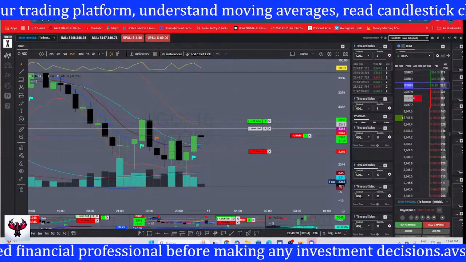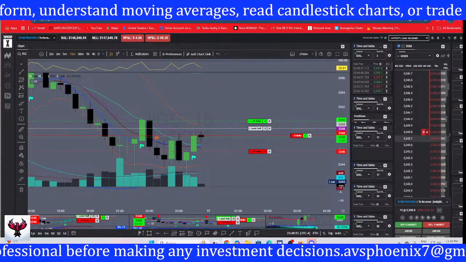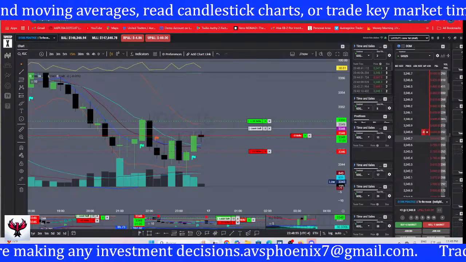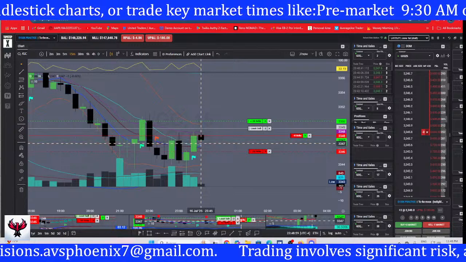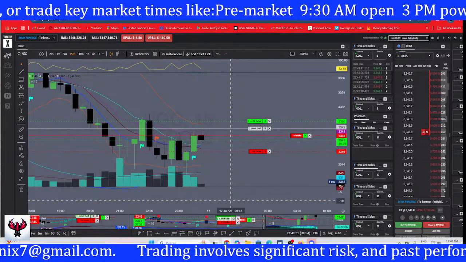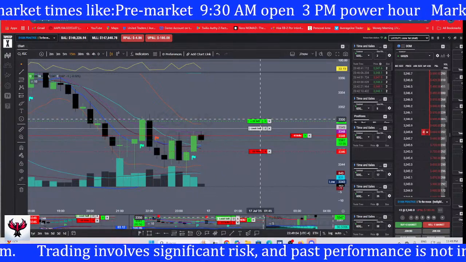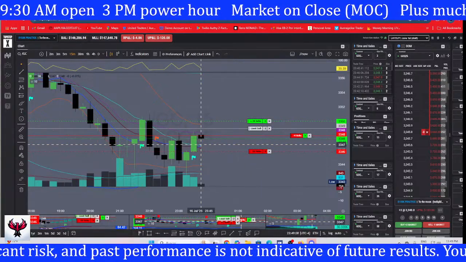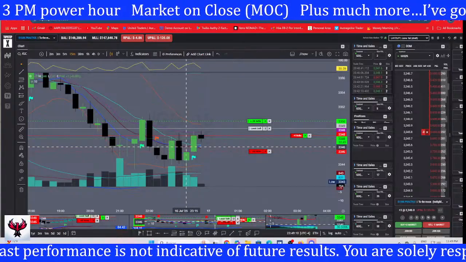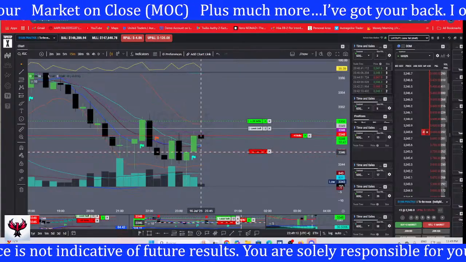Playing with my emotions. But where's that stop? 660. Wow. See, it came back down here. But look at it. The 5 is pointing up and it's about to cross the 13. And it's about to cross the red.